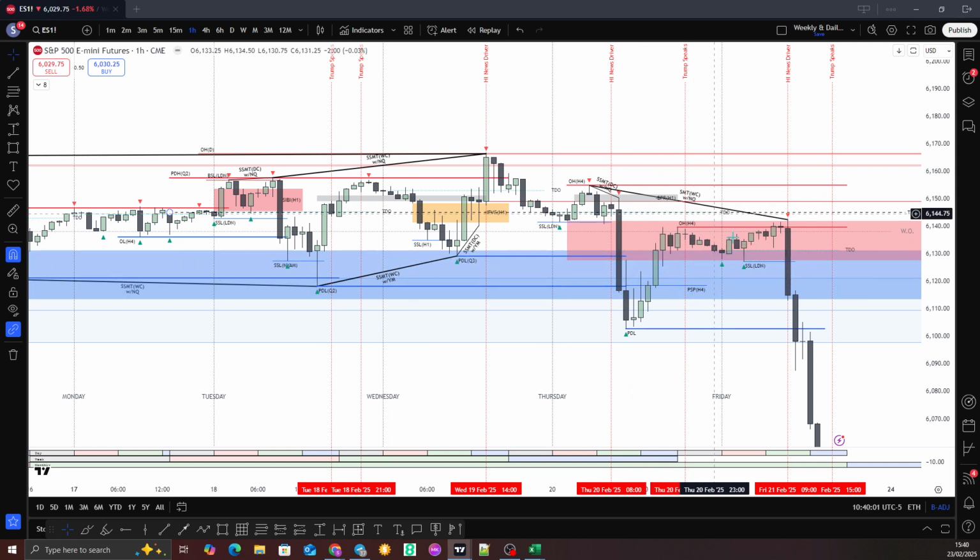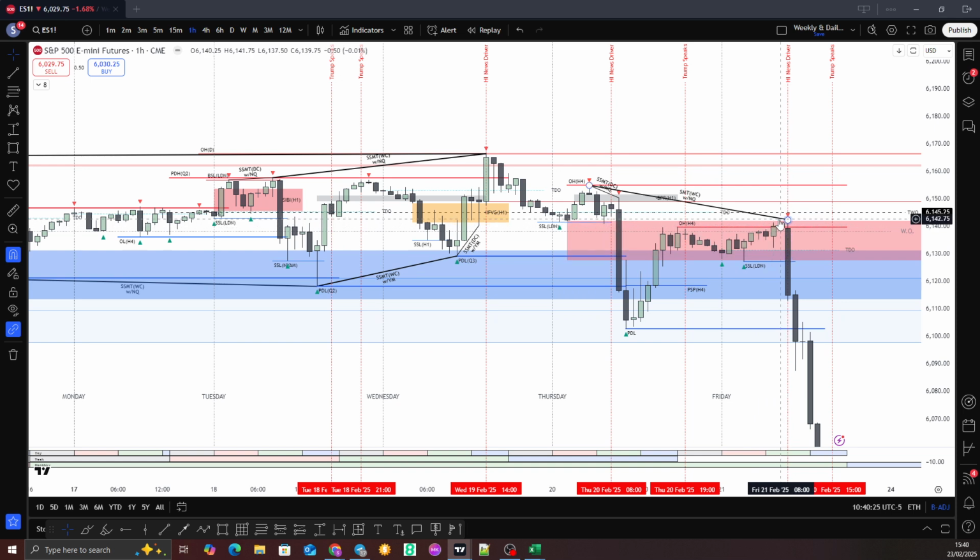And then on Friday, the market opens, it sets the London low, so we get a bit of consolidation, sets the London low. We've got the Asia high here, and then we start to consolidate with a trend higher where the market purges this Asia high, which is symmetrical across the indices.